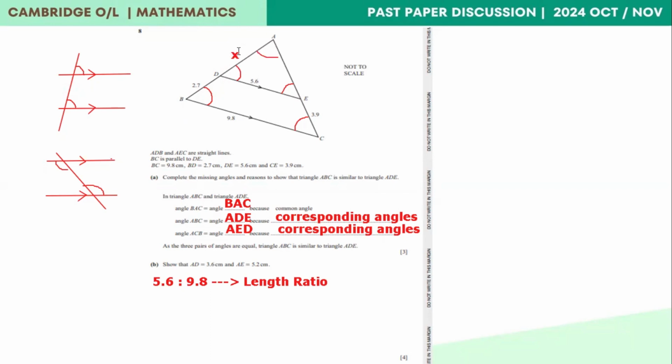AD is X, AB is the full length, which will be X plus 2.7. So we write that ratio X is to X plus 2.7. Now we can just cross multiply.